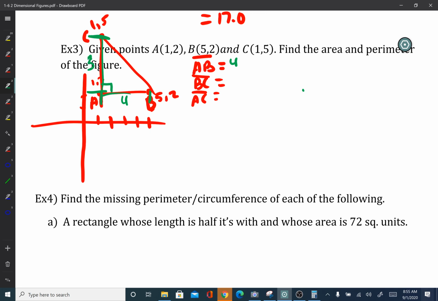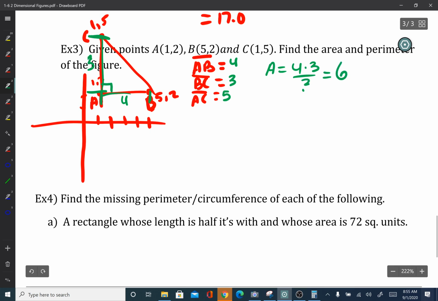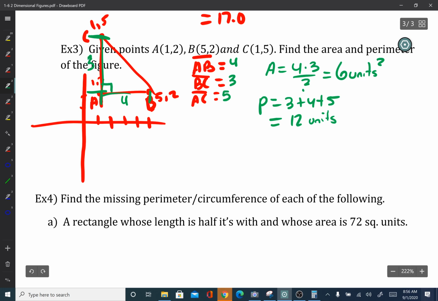Did I make a mistake? AB was... Oh, no, it is. No, I am right. All right, to find the area, it's base 4 times height 3 divided by 2, right, which is 6. So the area is 6. The perimeter is going to be 3 plus 4 plus the 5, right? So 7 plus 5 is 12. 12 units and 6 units squared.